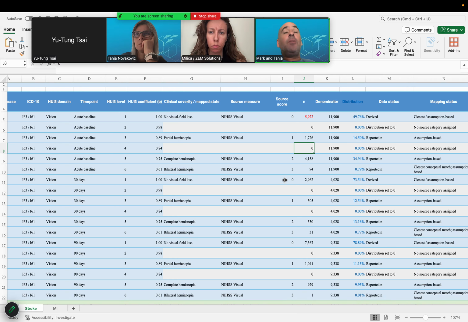Yeah, exactly. That's the way you do it for your central estimate. But then, for example, this other one that's partial, what does that say? Hemianopia. Partial. You could say that is one lower or one higher. Yeah, that's the problem.